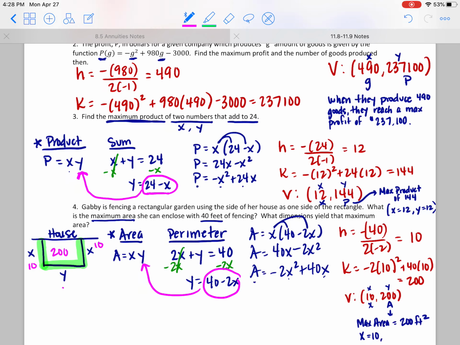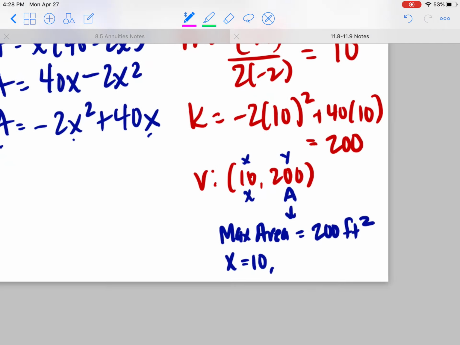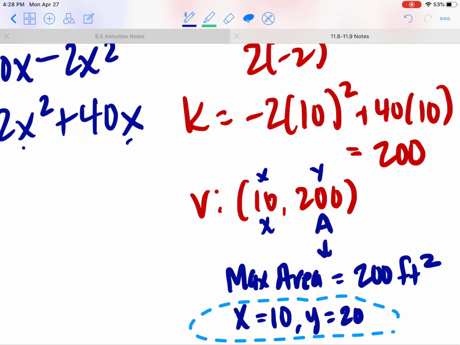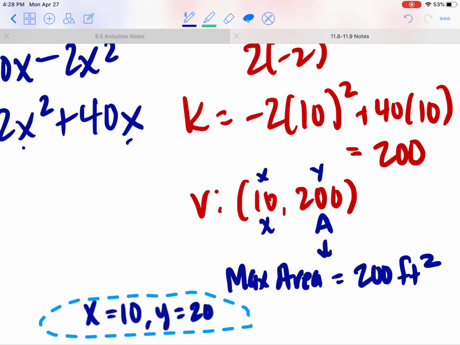And the dimensions, let's see, we know x is 10. What does y have to equal if x is 10? So let's go back and think about this for a second. If I know that this is 10 here and this is 10 here, what does the other dimension have to be to get to our area of 200 or to our perimeter of 40? Well, 200 divided by 10 means this would have to be 20. And then the 10, the 20, and the 10 would add up to the 40 for the perimeter, okay?